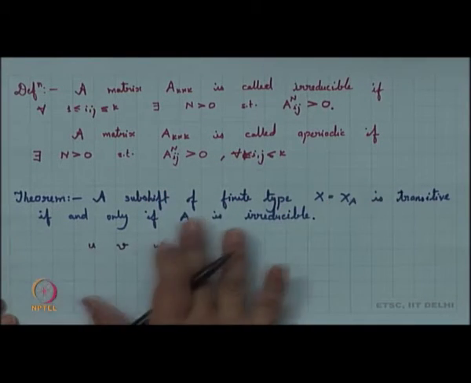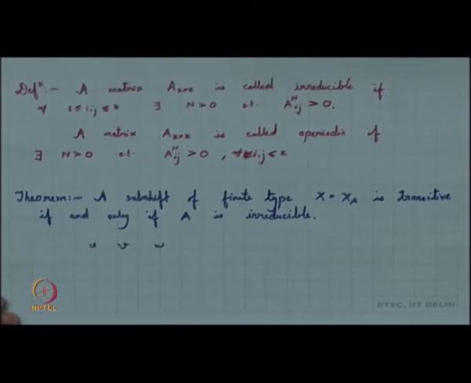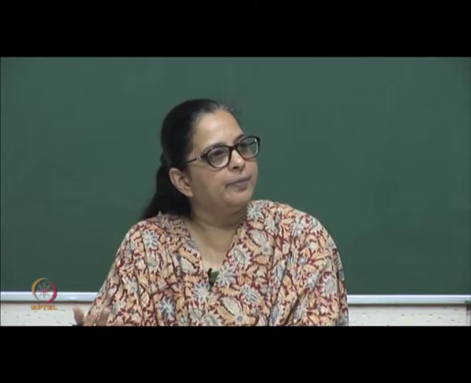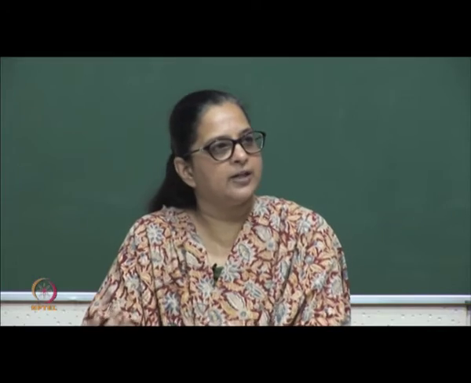So, these two quantities are equivalent, and hence, to know whether a subshift of finite type is transitive, it is enough to see whether the matrix happens to be irreducible.